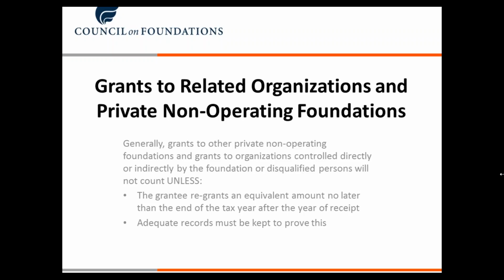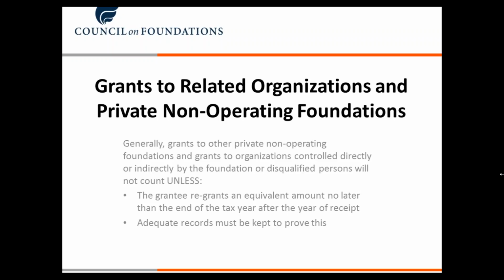So the idea behind this is that if you are giving to another private foundation, we want to discourage that private foundation from just holding the money, adding it to its endowment, and not actively using it for charitable purposes.